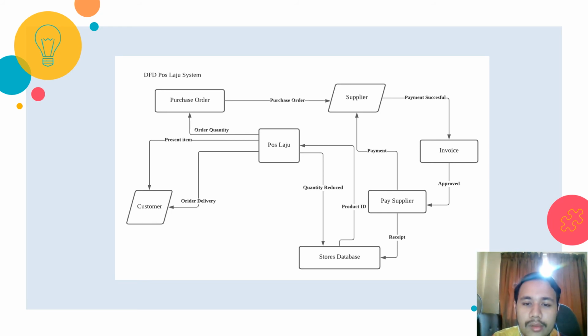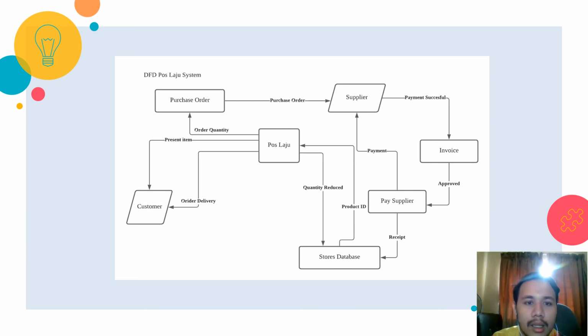Okay, the parcel will go through the product ID, and they scan the parcel or give the barcode to Pos Laju. And Pos Laju will deliver to the customer and present the item that the customer ordered.